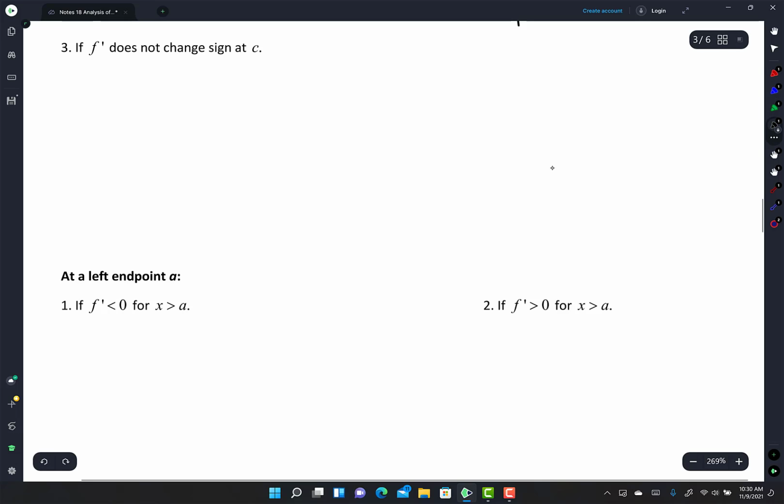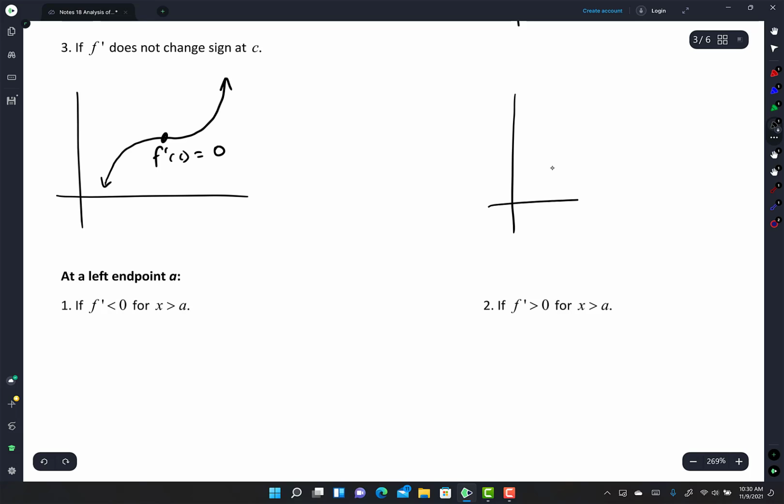Okay, let's do that. So something that does not change signs. Here's one where the derivative is 0.